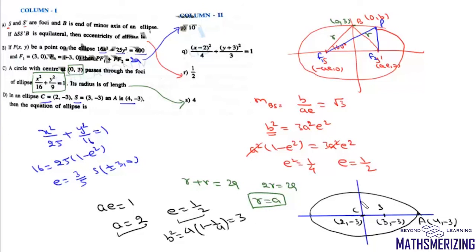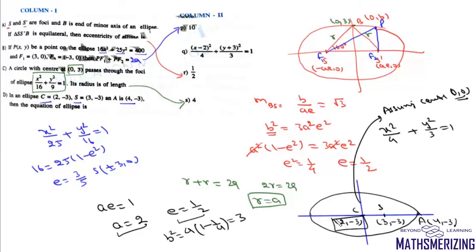Now what we'll do is, we'll write equation of this ellipse assuming center to be at origin. If center is at origin, we can write this equation as x square upon A square, which is x square upon 4 plus y square upon 3 equals to 1. But center of this ellipse is not at 0, 0, but 2, minus 3.